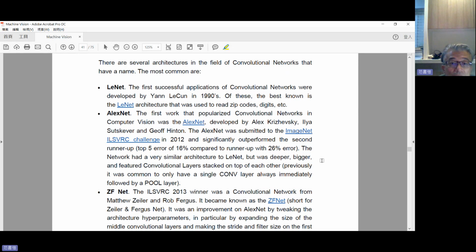The network had a very similar architecture to LeNet, but was deeper, bigger, and featured convolutional layers stacked on top of each other. Previously, it was common to have only a single convolution layer, always immediately followed by a pooling layer.